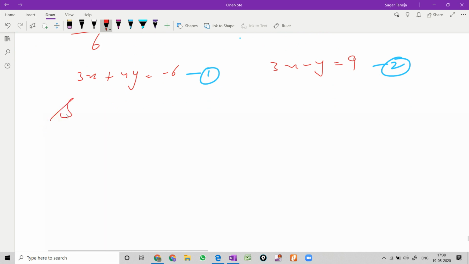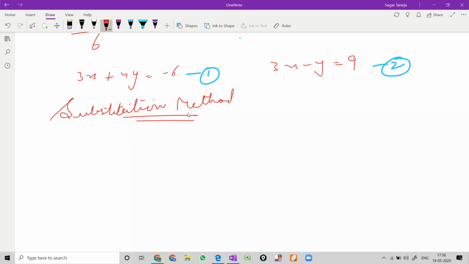So by substitution method, just write this first equation. Take out the value of any one variable. I am taking out the value of x: x is equal to minus 6 minus 4y upon 3.